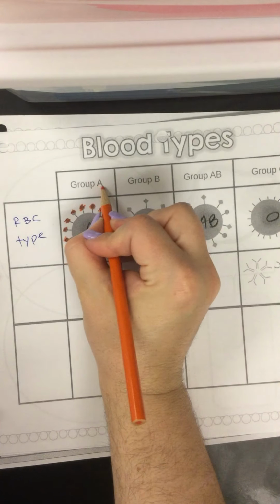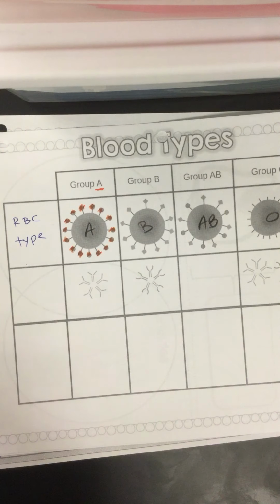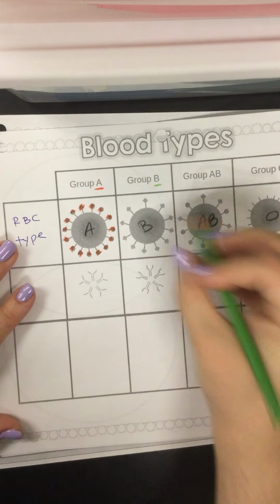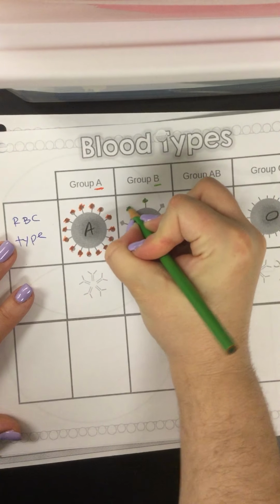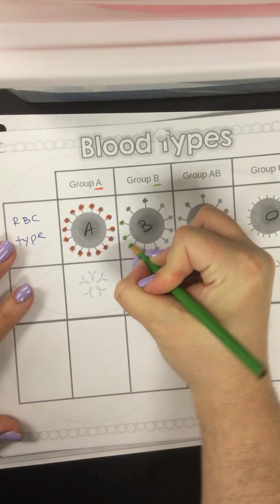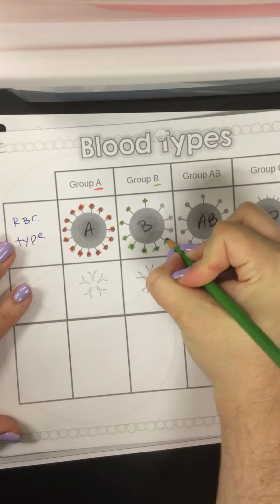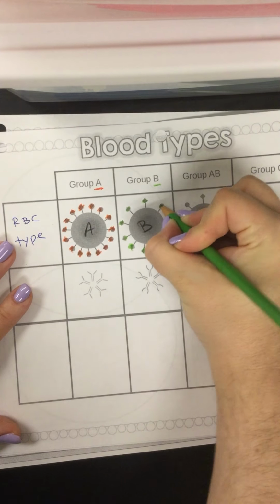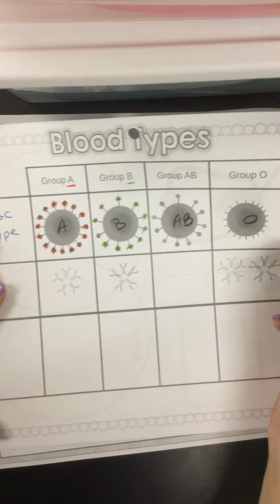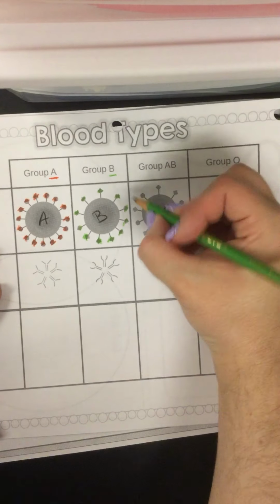So this is A. If you are group B, then you would have the B proteins, which they are showing as little diamonds or squares here. If you are type AB, then you have both.